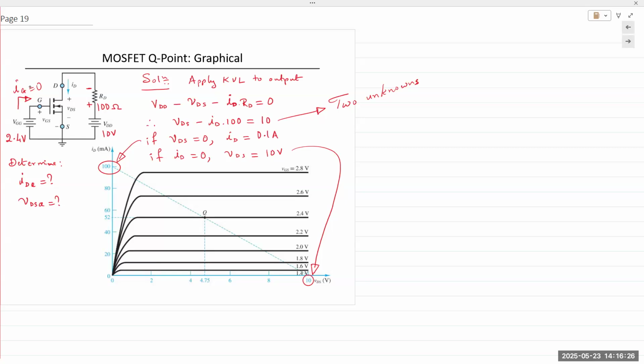And once we have them, we join them to obtain our load line. And once we have a load line, it intersects all of these curves at a single spot each.